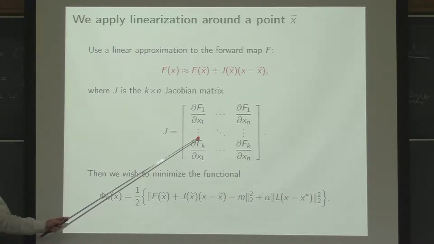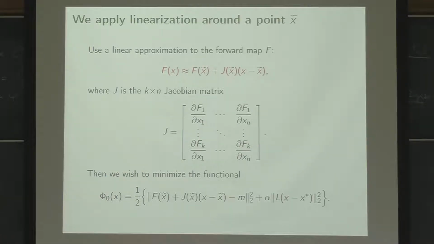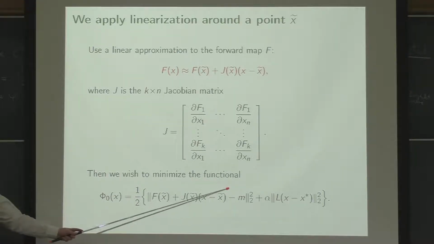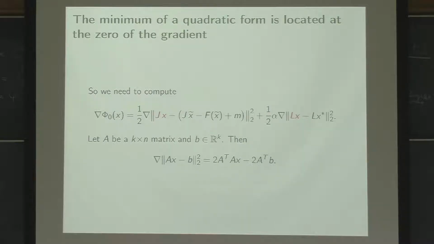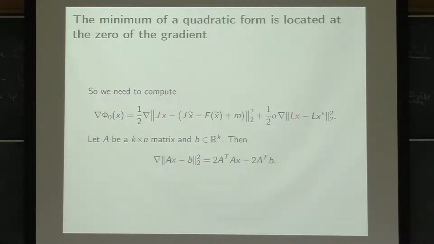So then we take the Jacobian, and let's minimize this functional where now, instead of the full F(x), we put this approximation. So then we would like to differentiate this one. Let's see what happens.